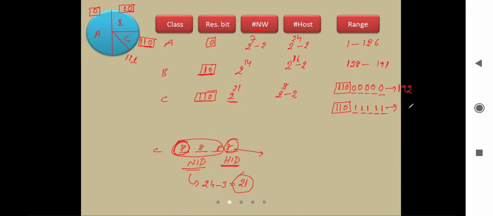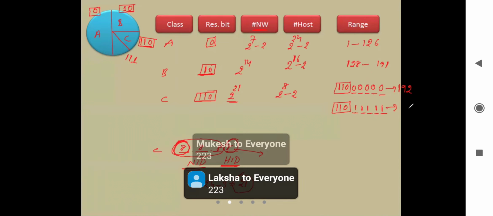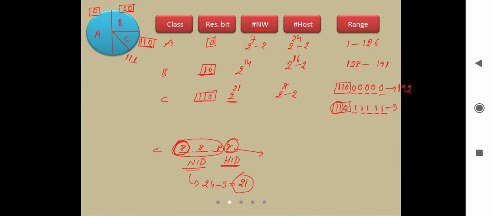It is 223. So up to this part it is 192, and here it is 32. After 32 all are 1, which means 31. So 192 plus 31 becomes 223. So the value for this one is 223, and this is the range for class C.